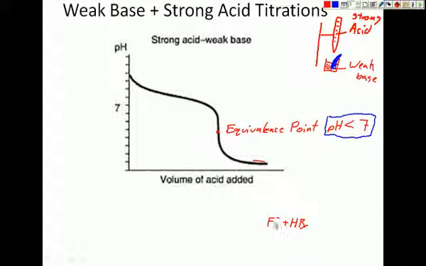Now what is going to happen is that F- plus HBr, since HBr is strong, it's going to be a one-way reaction. It's going to be making HF and Br-. Okay? So since it makes HF, this is like our acidic salt.